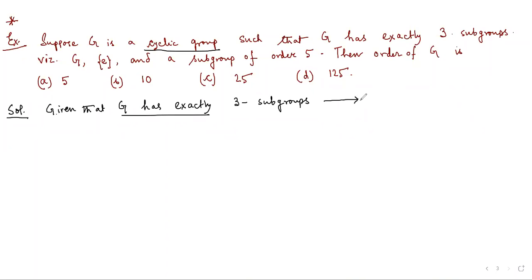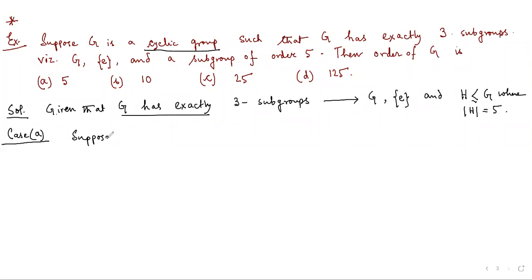These subgroups are the group itself, the singleton identity, and another subgroup H of G, where the order of H is equal to 5. Now, case A, I'm going to study whether this is a correct reply or not.